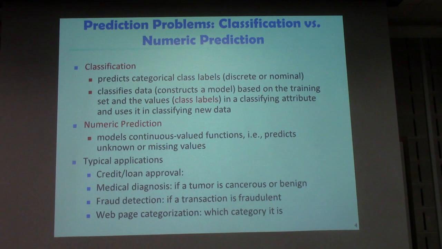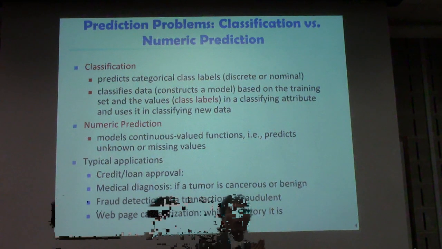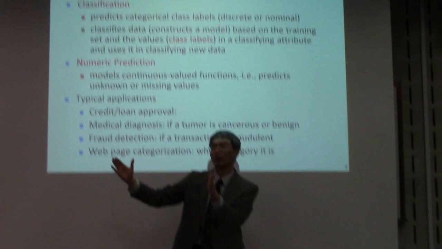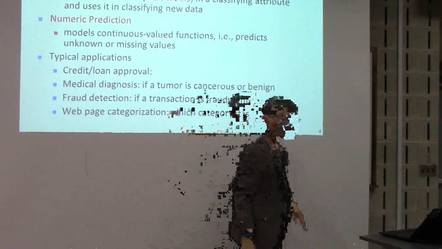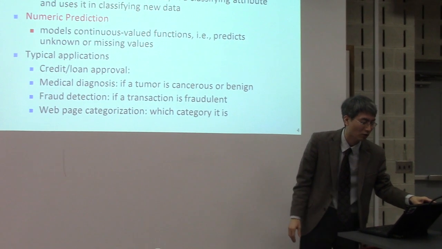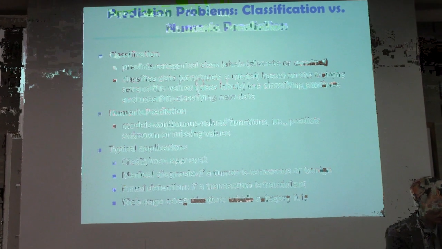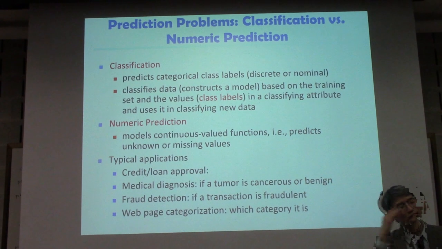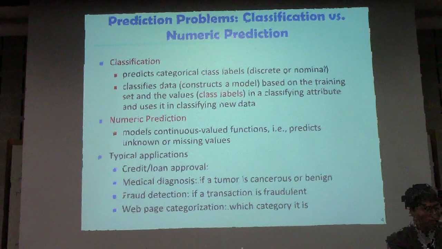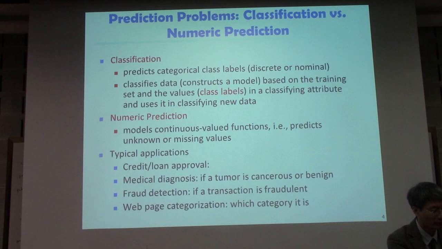So either positive or negative. That is the classification problem. However, prediction, numeric prediction, deals with a continuous value. Okay? So it's slightly different. But don't pay too much attention to it. That is the general term in data mining. Okay?